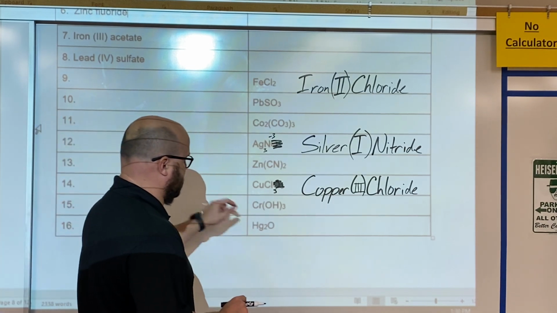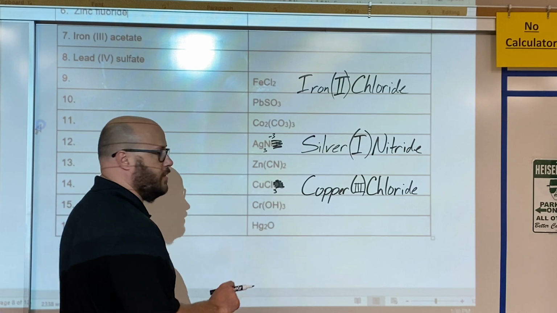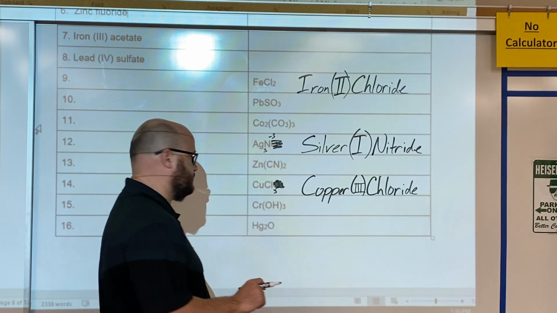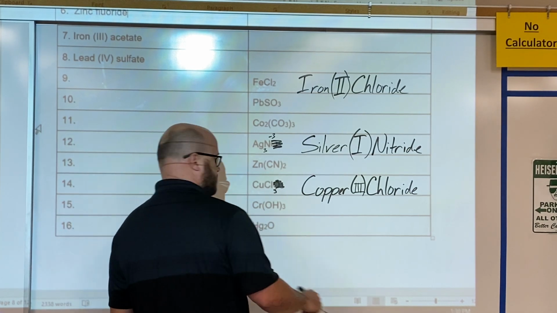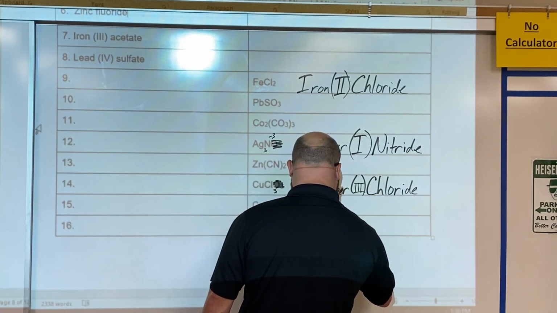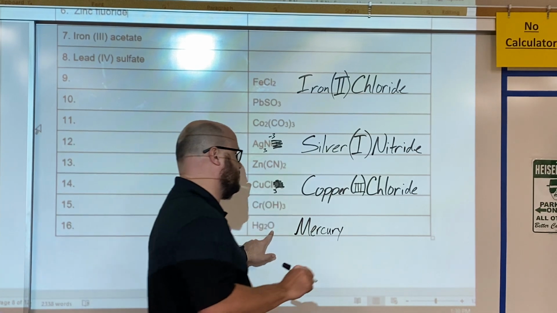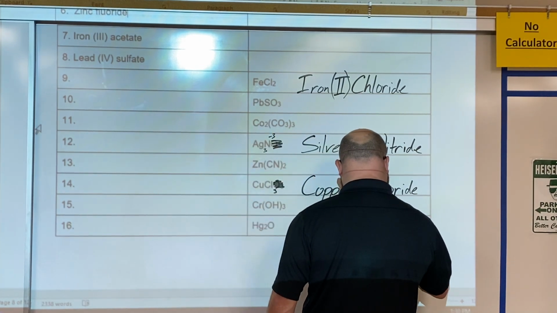Okay, look at this last one. Hg2O. Almost water, but with a little g added. Mercury is what Hg is. Leave a space. Oxygen becomes oxide.